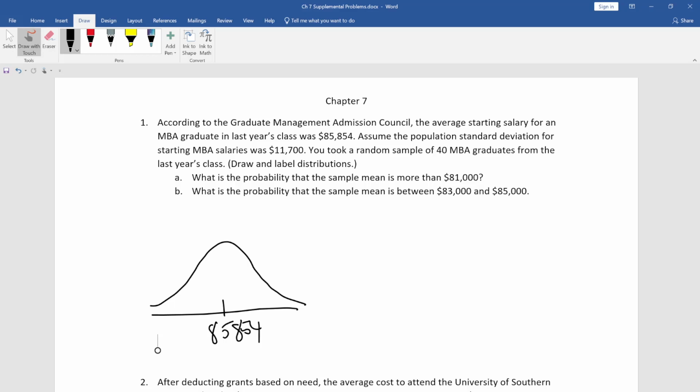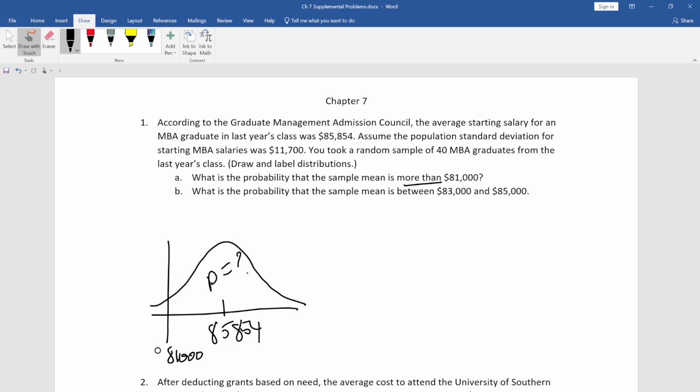We are then trying to find the probability that the sample mean is more than 81,000. So 81,000 is going to be somewhere over here to the left of the population mean, and that is our X bar. We are trying to find the probability more than. So this is the space where we're trying to find the probability.